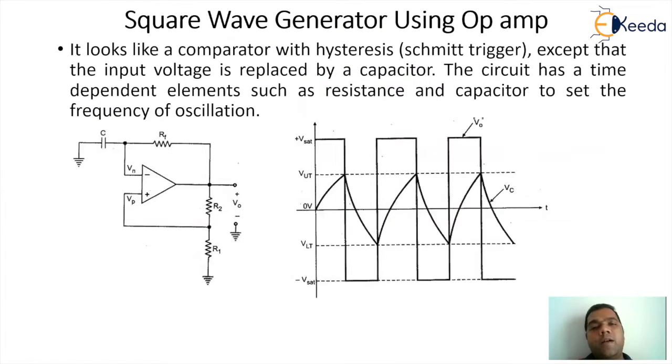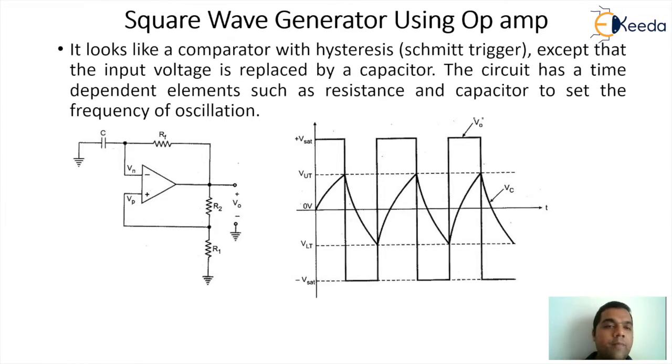So the main thing we need to understand here is we are going to use op-amp as a basic oscillator circuitry. That's the reason, if you see the circuit diagram carefully, there is no voltage source connected to the circuitry. So it will operate on the concept of comparator, or you can say similar to the logic of Schmitt trigger hysteresis.